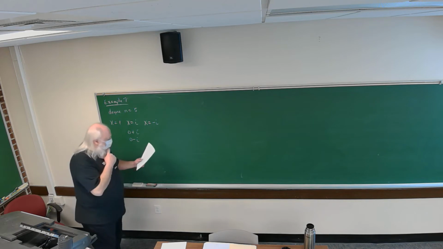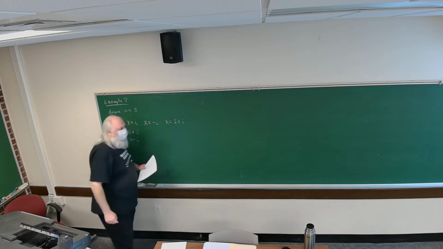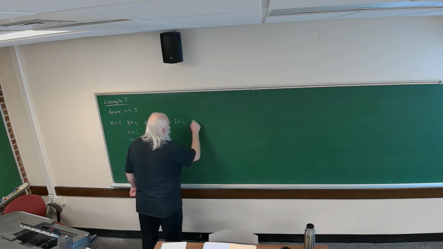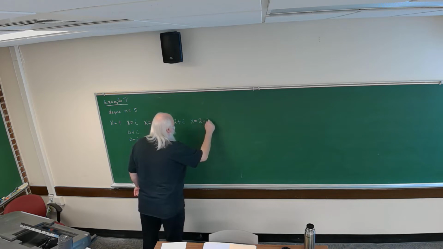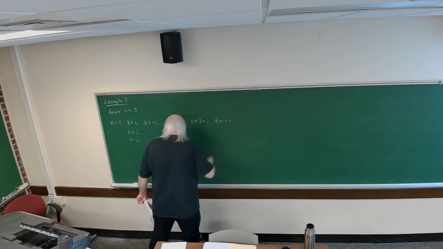And then we're given x equals 2 plus i is a zero of the polynomial. So by the conjugate zeros theorem, 2 minus i also has to be a zero of the polynomial. So those are the 5 zeros of the polynomial.